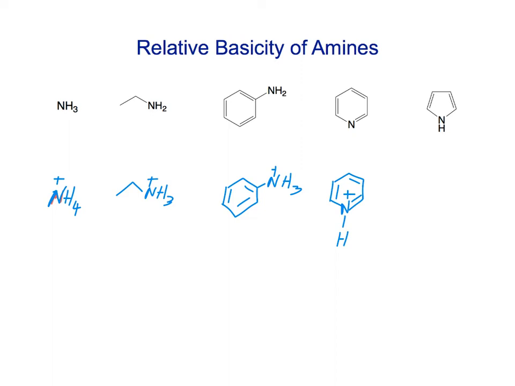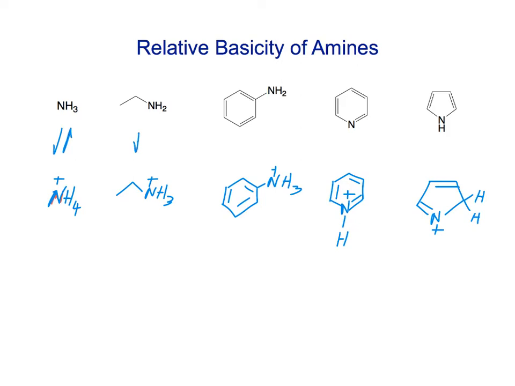And the last one is pyrrole, and its conjugate acid is not what you would probably predict. Its conjugate acid looks like this. It actually protonates on the carbon rather than on the nitrogen. All right?